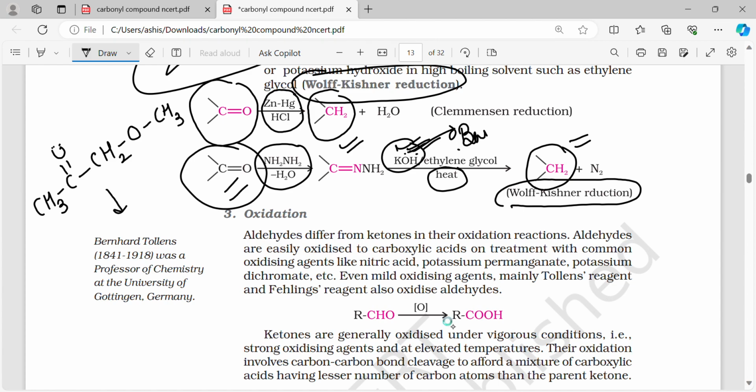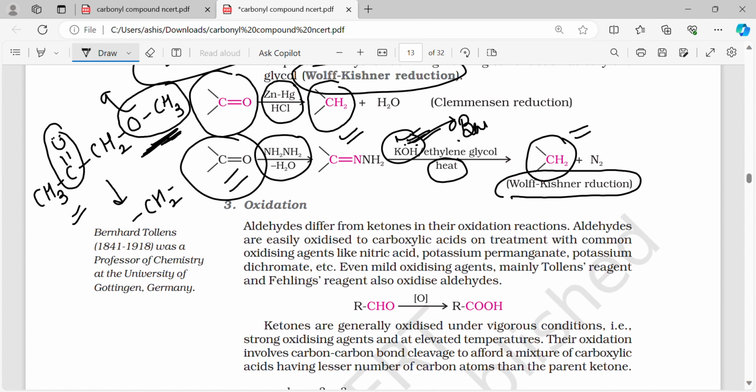For example, if I have CH3 C double bond O, with CH2 O CH3, and I want to just convert this CO group into CH2, I don't want to impact this ether group.